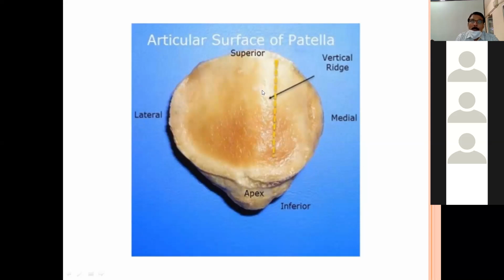From this, one can determine whether it belongs to the right side or left side. The apex is a bit extra-articular; it is not actually in contact with the joint.